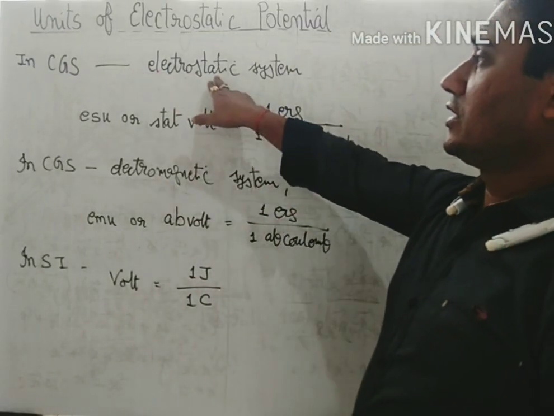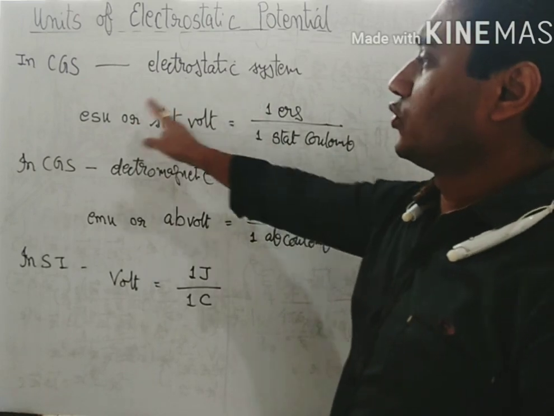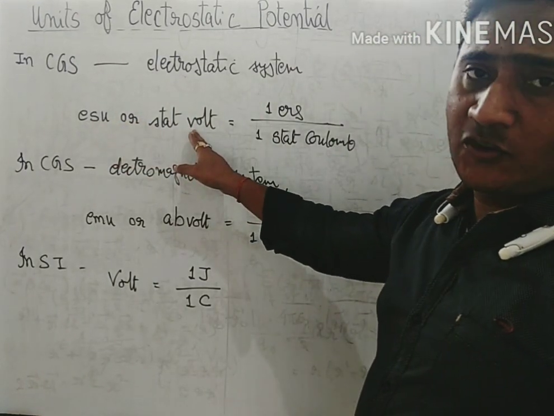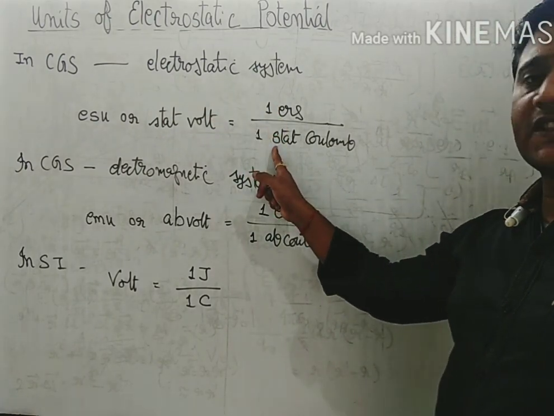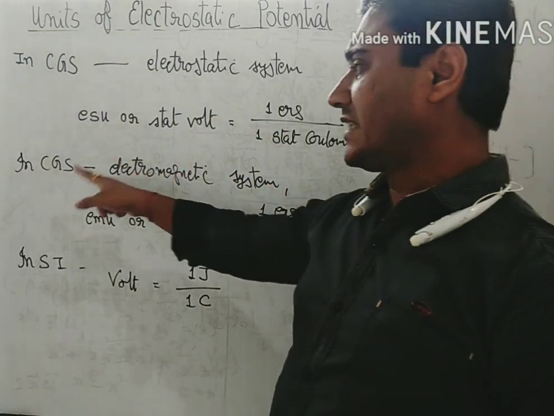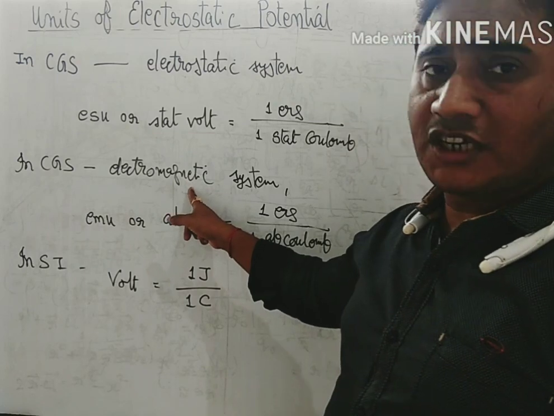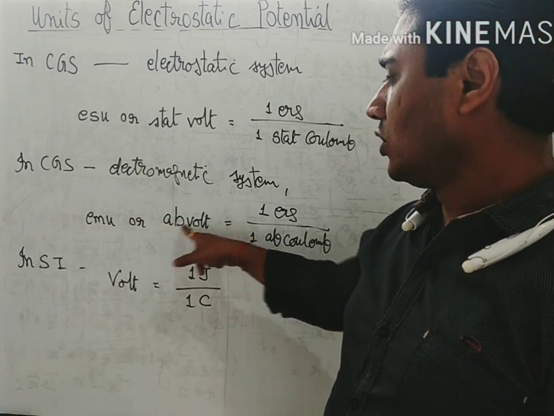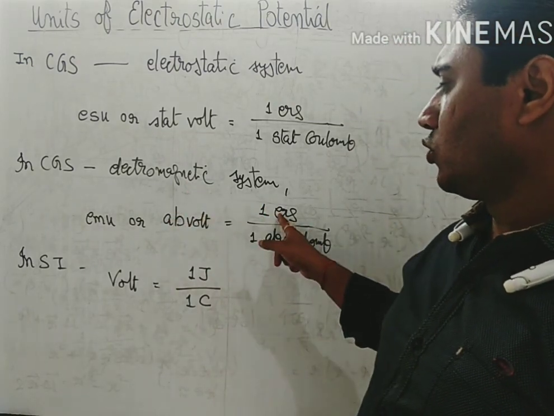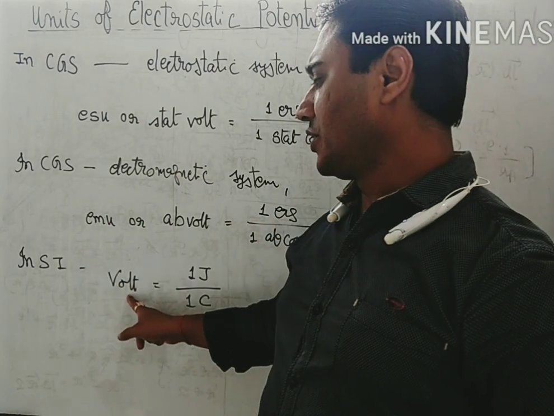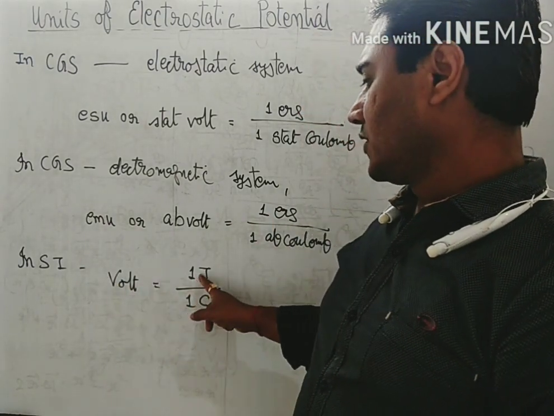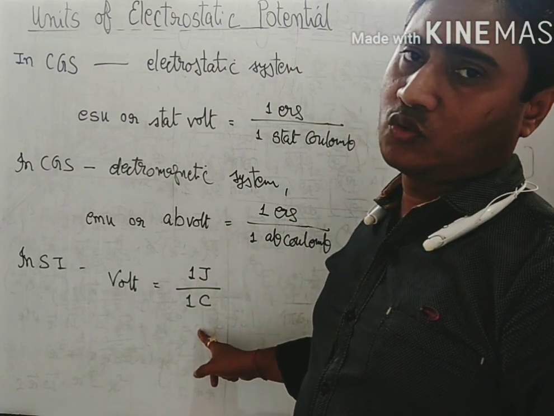In CGS ESU, electrostatic unit, stat volt, and 1 stat volt is equal to 1 erg upon 1 stat coulomb. And in CGS EMU, electromagnetic system, it is ab volt, which is 1 ab volt equal to 1 erg upon 1 ab coulomb. And in SI we simply have volt, which is 1 joule upon 1 coulomb.